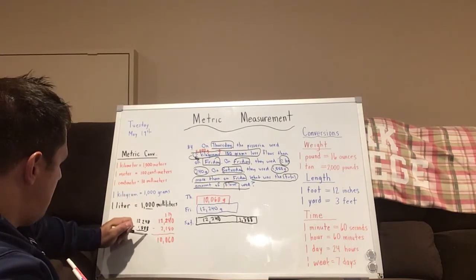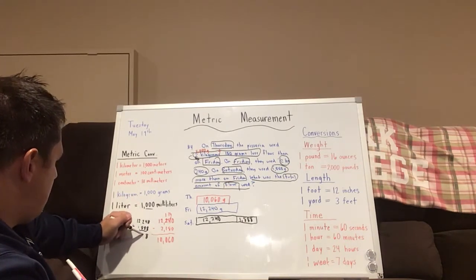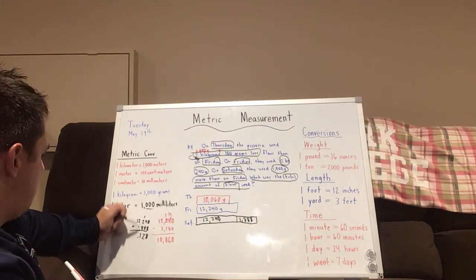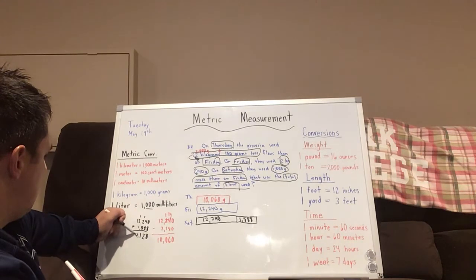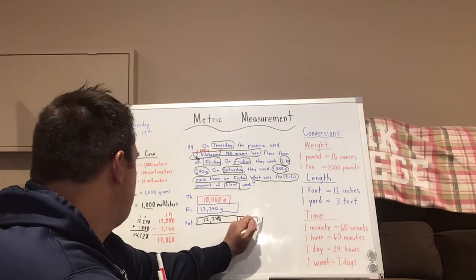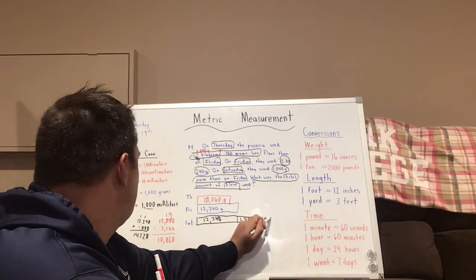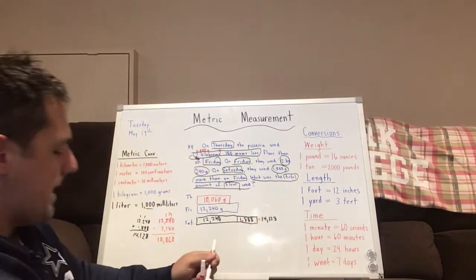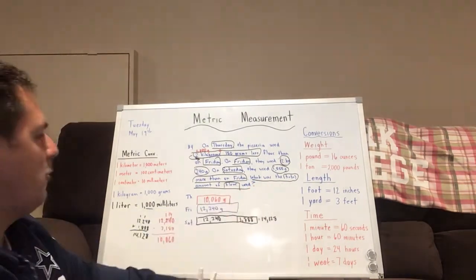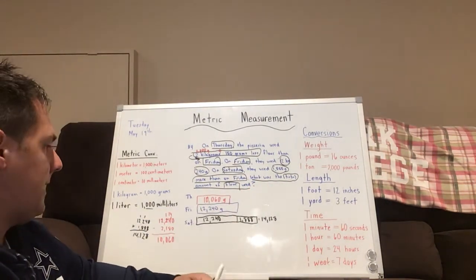So 0 plus 8 is 8. 4 plus 8 is 12. 10 and 1 more is 11. Carry my 1, 2, 3, 4. And bring down my 1. So I know that Saturday's amount is going to be 14,128.